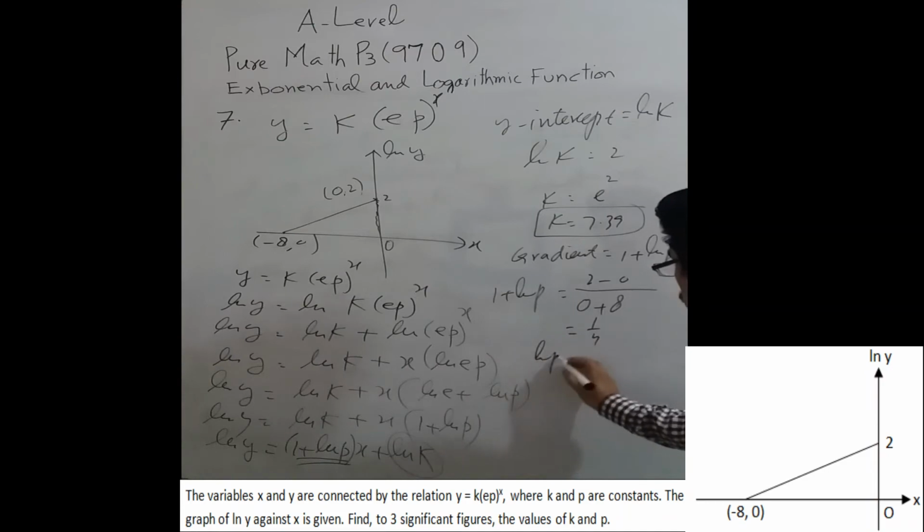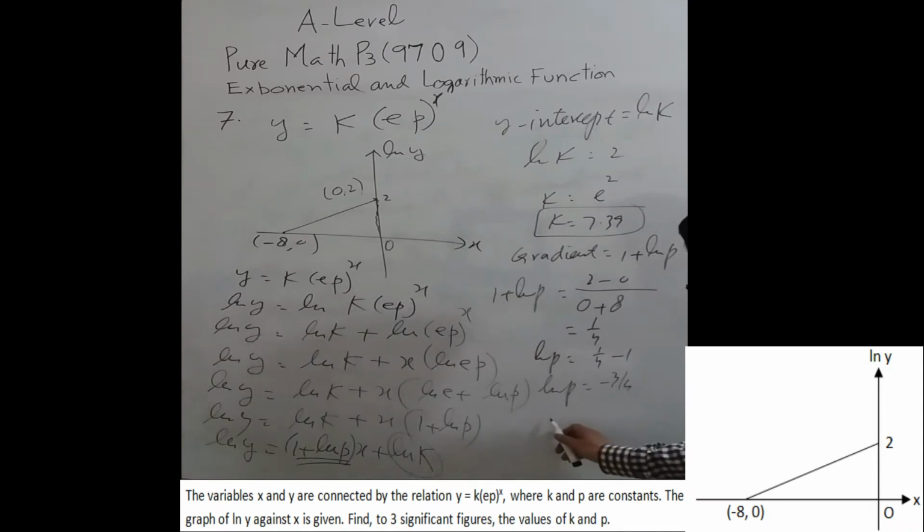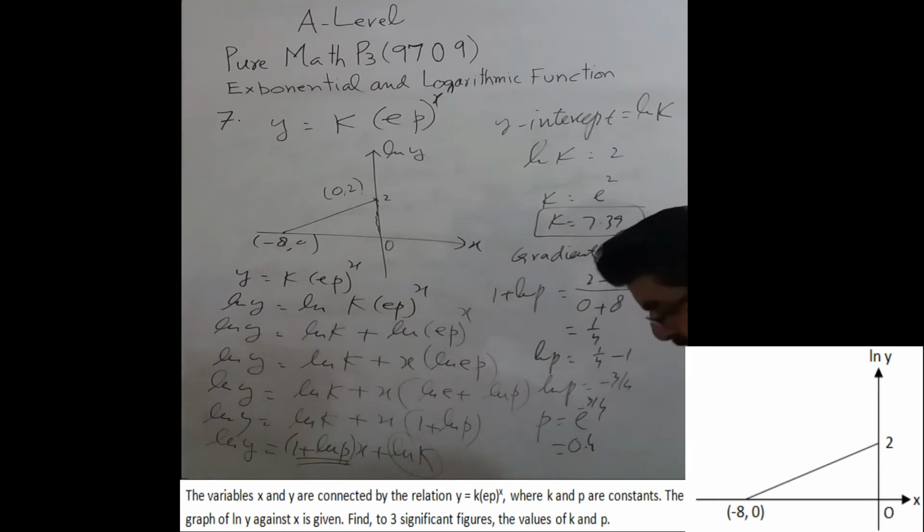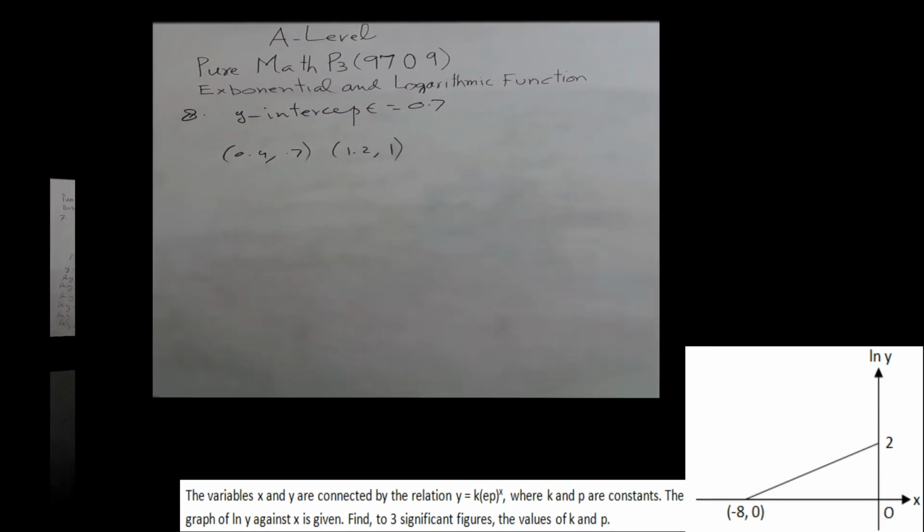And this gives ln p is equal to 1 over 4 minus 1. So ln p is equal to minus 3 by 4. Converted into exponential form, we have p is equal to e raised to the power minus 3 over 4. Using the calculator, you will find this answer is 0.472 up to 3 significant figures. This will be the value of p.